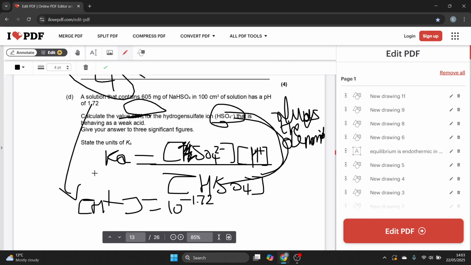How do I do that? Well, it's the mass, which is 0.605 grams over the Mr, which is 32.1 plus 23, 55.1 plus 64.